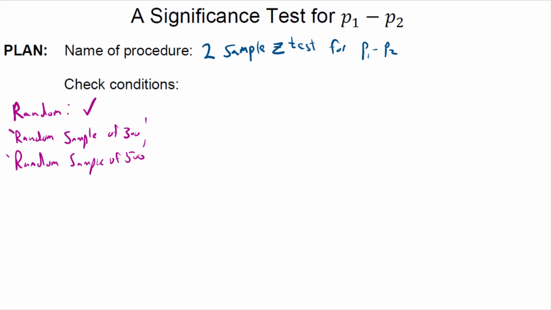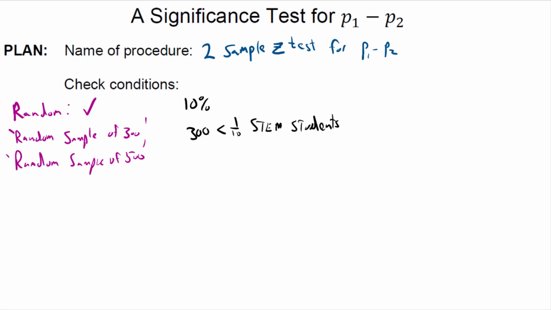Now another one that we always need to check on as well is our 10% condition. In this case, we have 300 STEM students, and we'll see that's less than 1/10 of all STEM students, right? And I would definitely think so, because there are more than 300 STEM students in the United States.